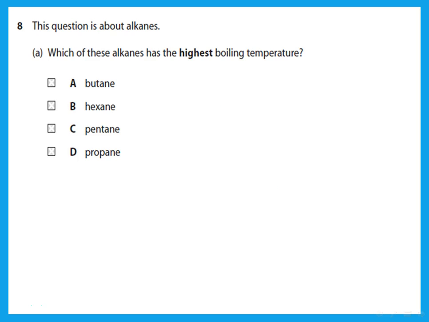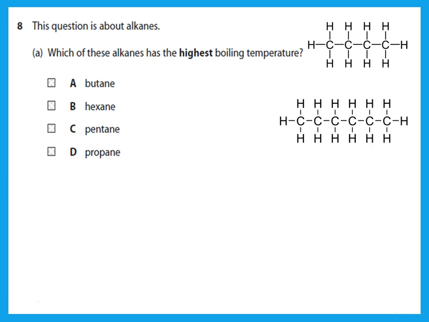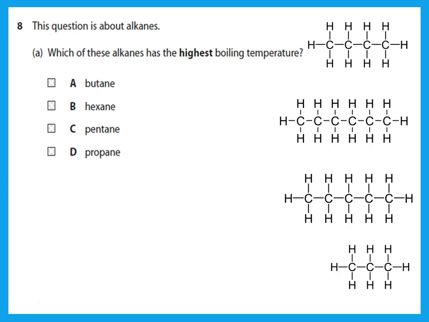This question is about alkanes. And he's saying which of these alkanes has the highest boiling temperature. Well, let us compare them. They're all alkanes, and they are all straight chain. He did not mention that they are branched. So butane is 4 carbons, hexane is 6 carbons, pentane is 5 carbons, propane is 3 carbons.